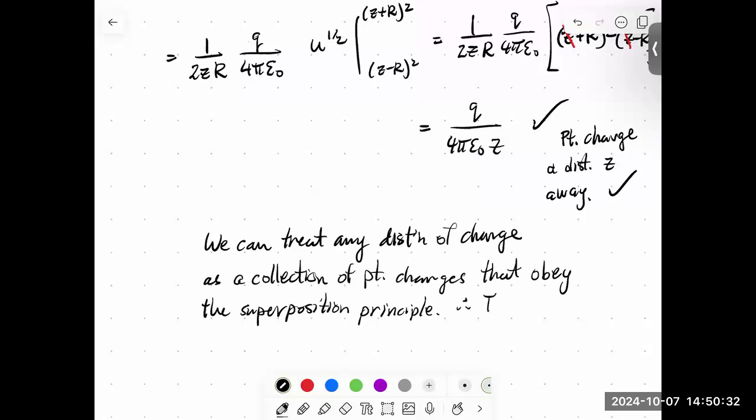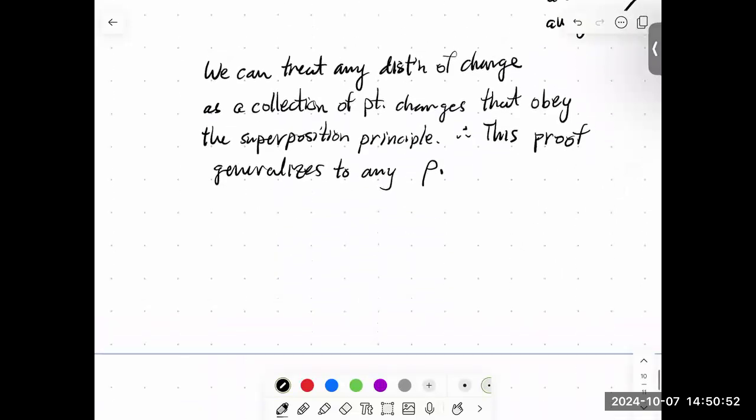Therefore, this proof generalizes to any row. All right, good. So all of this, really, the two things I want you to take away is that when we solve Laplace's equation, the solutions that we're always going to get will have the two following features.